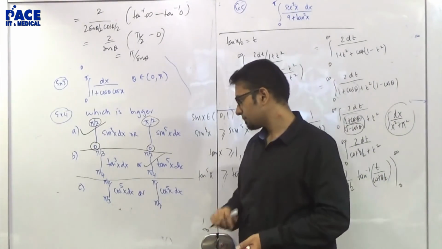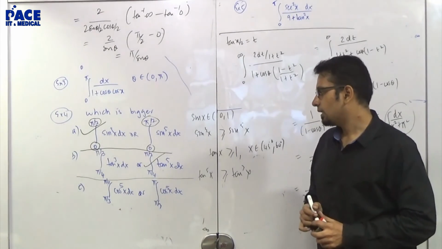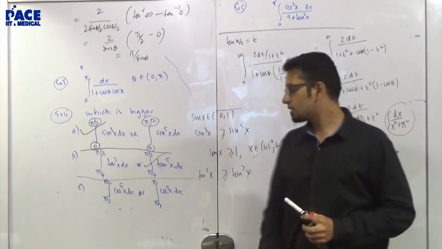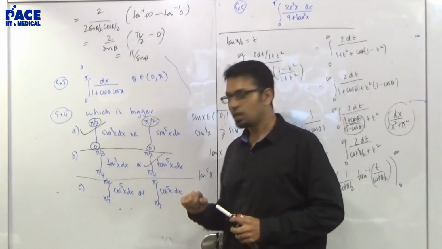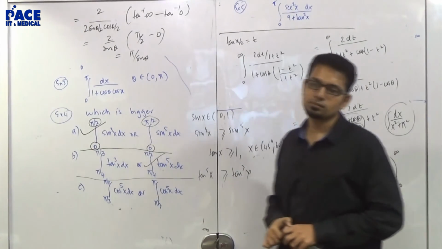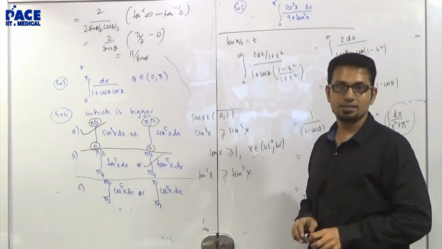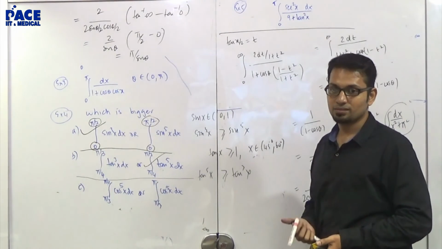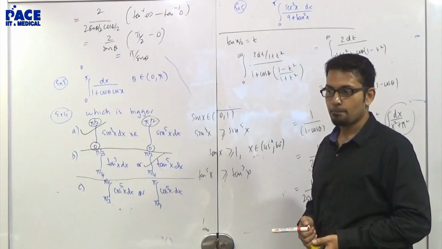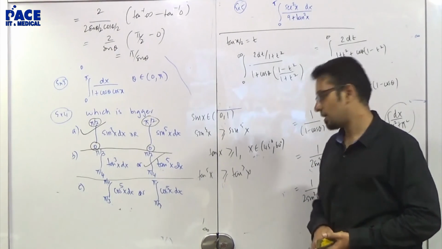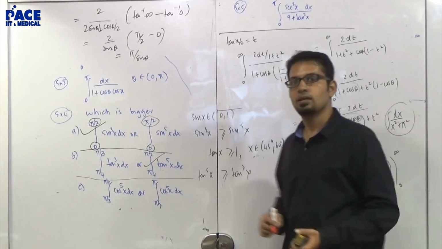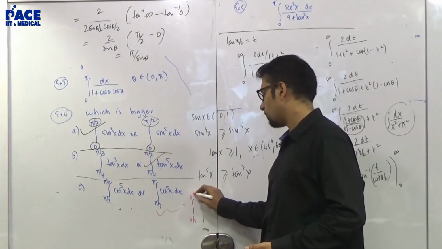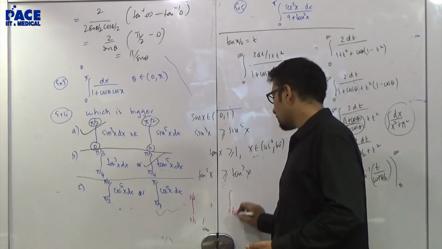Okay, the C part. Both functions are cos raised to 5x. The only difference is this one is pi by 3 to pi by 2, and this one is pi by 3 to pi. The first one. Any other answer? Why the first one? Because cos raised to 5 takes negative values. If we look at pi by 3 to pi, that is the integral from pi by 3 to pi by 2, then pi by 2 to pi.